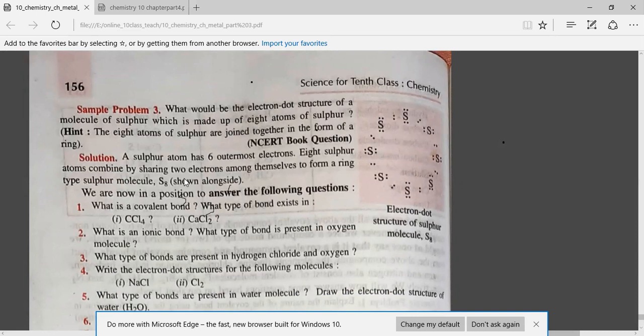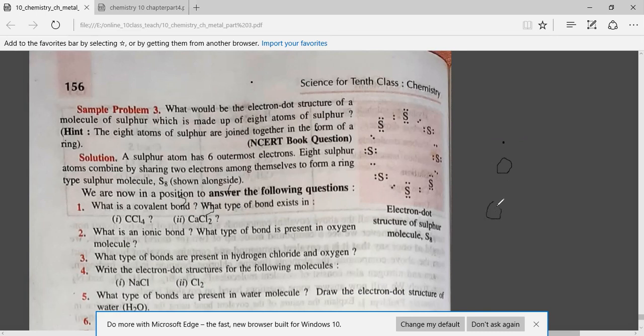So what do you mean by molecule? O is the atom, a single atom. Now molecule is the combination of atoms.